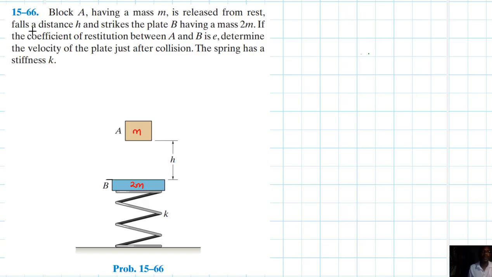Right. So this one is falling freely. So there'll be need for us to find some velocity here, just before it strikes plate B. So then let's start. Mind you, we are dealing with impact.